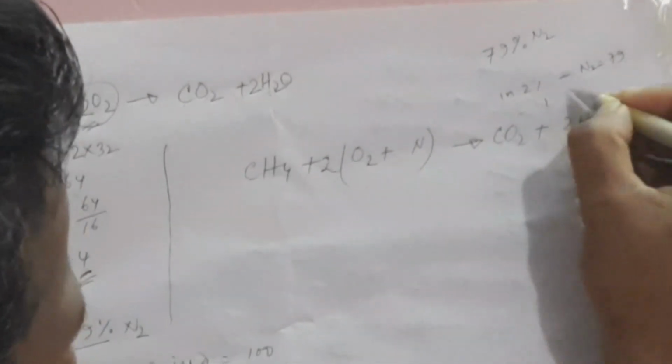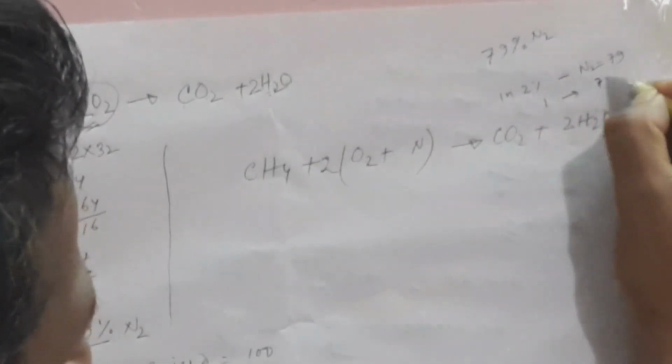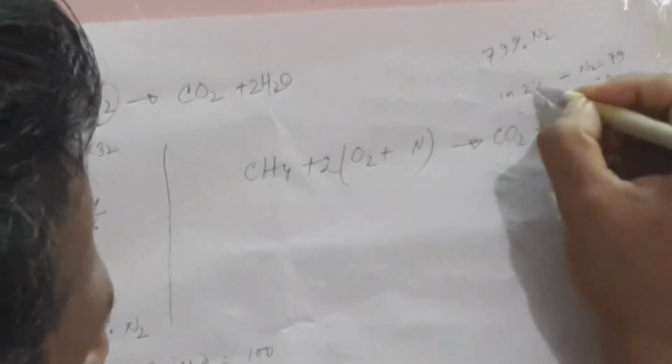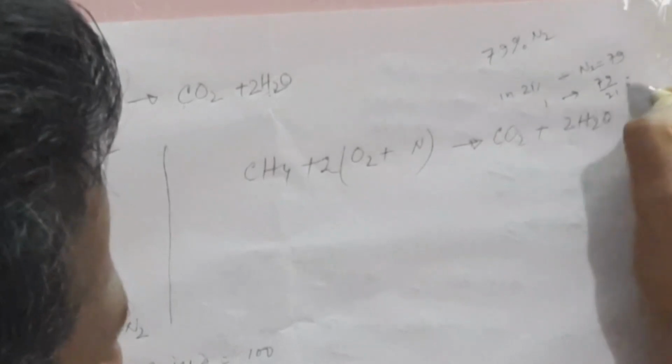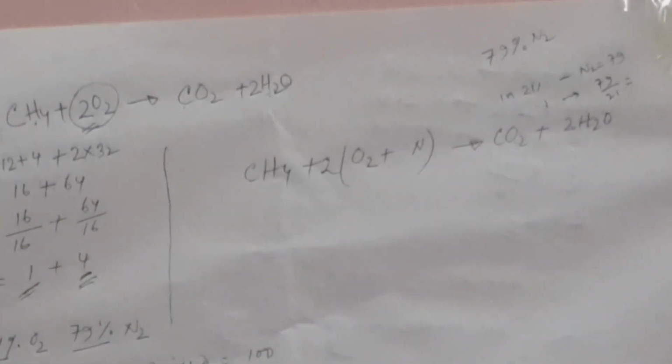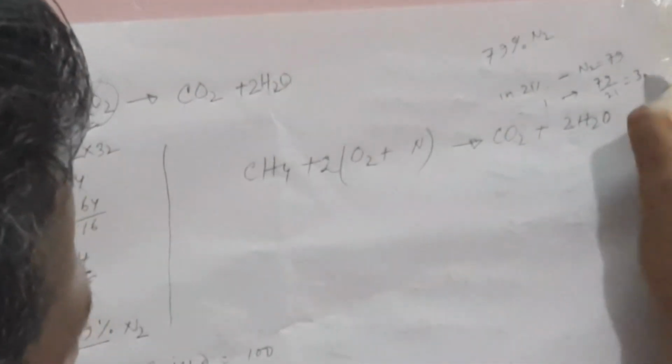So for 1% oxygen, how much nitrogen is available? 79 divided by 21, that means 3.76.